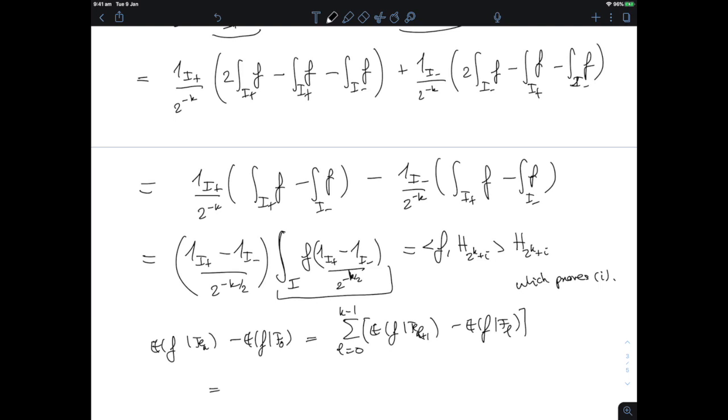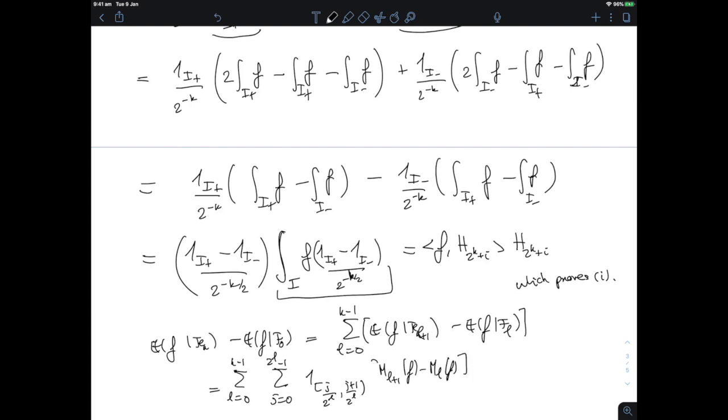These things are the sum from l equals 0 to k minus 1 of the sum over all dyadic intervals of side length 2 to the minus l, because they form a partition, times the martingale difference m_{l+1}f minus m_l f.